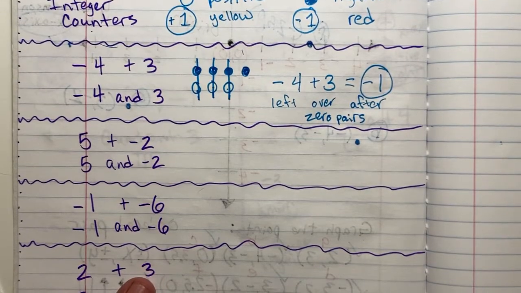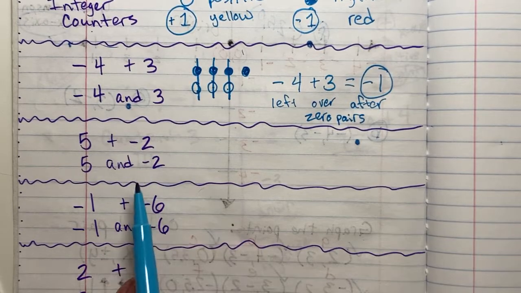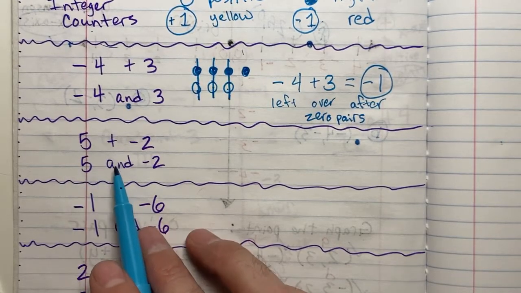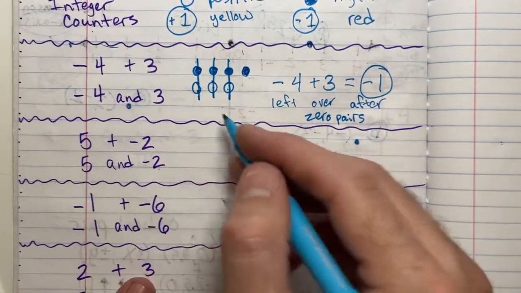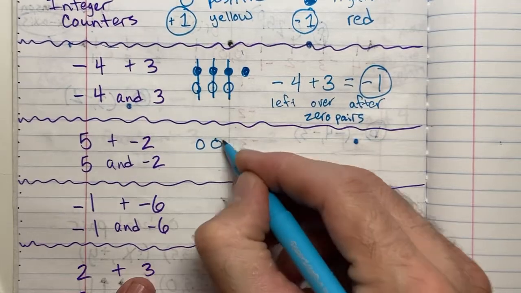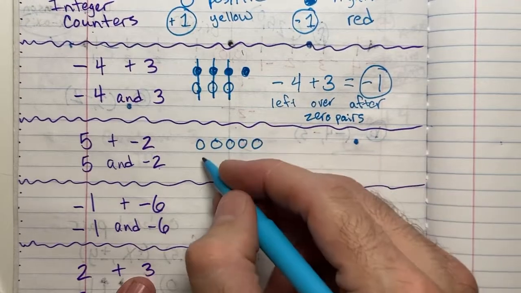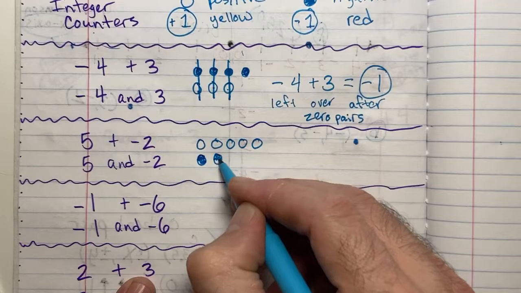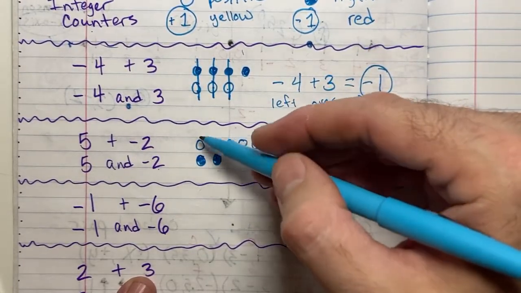Let's look at another example. We have 5 plus -2, but we're not going to say that we're adding, we're going to look at it as a combining problem. So we have 5 positives and 2 negatives. Starting with 5 positives, we have 1, 2, 3, 4, 5. And we have 2 negatives, 1, 2, and then let's shade them in. Let's match them up.